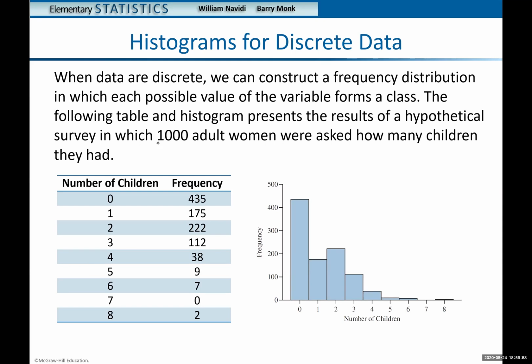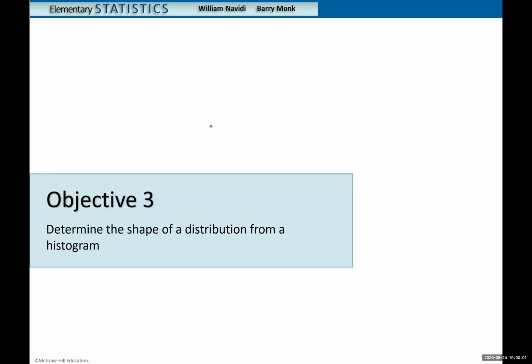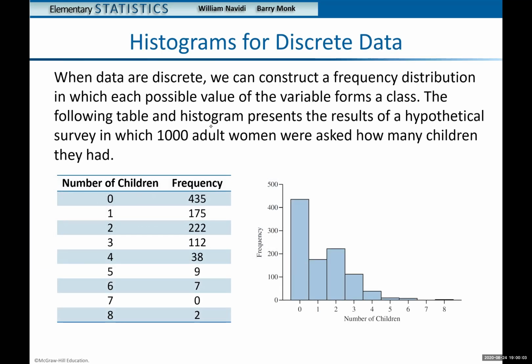So you can count using 1,000 adults. You do not use the different classes from 0 to 1 or 0 to 2, because you want to get the number of children, how many per. So let's say 0, 1, up to 8 children. As you can see here, out of 1,000, 0 is 435, 4 children, 38, 7 is 0, and 8 is 2. So you can use that as your histograms.